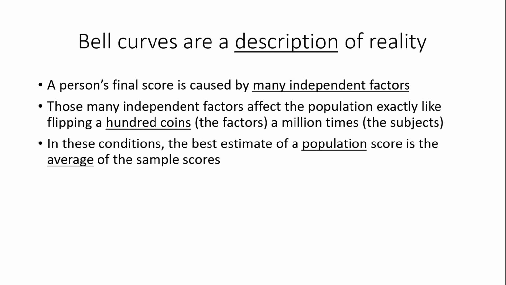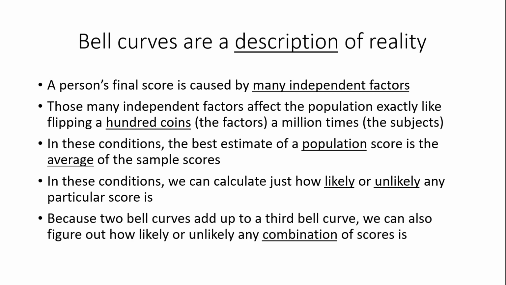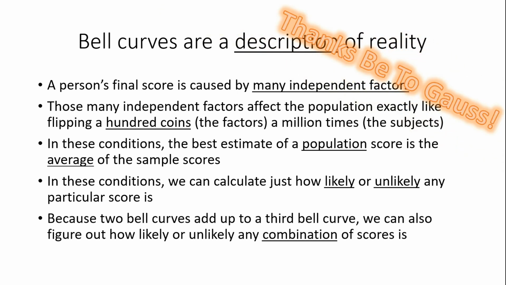Under those conditions, the best estimate of a population score is the average of the sample scores. And under these conditions, we can calculate just how likely or unlikely any particular score is. And because two bell curves combine to make a third bell curve, we can also figure out how likely or unlikely any combination of scores is.